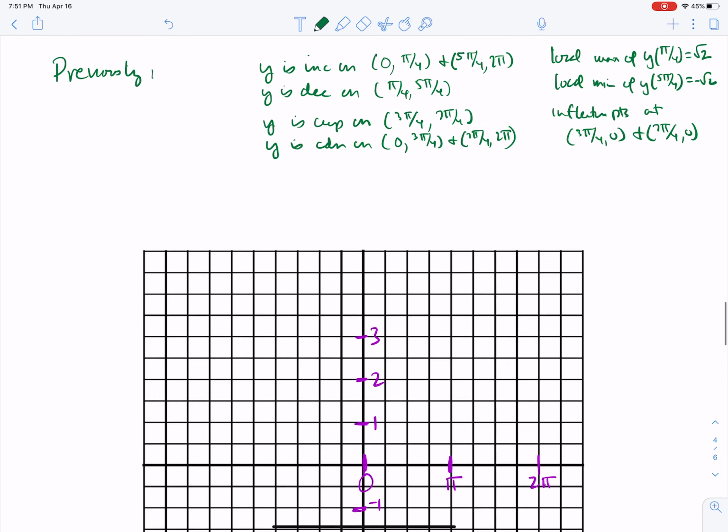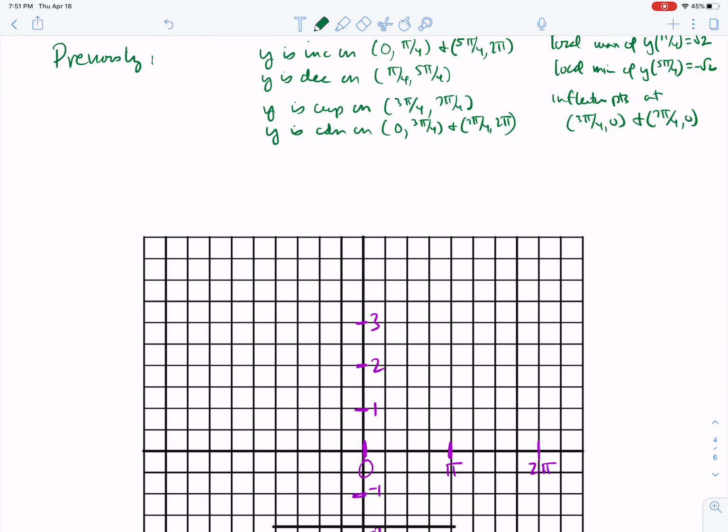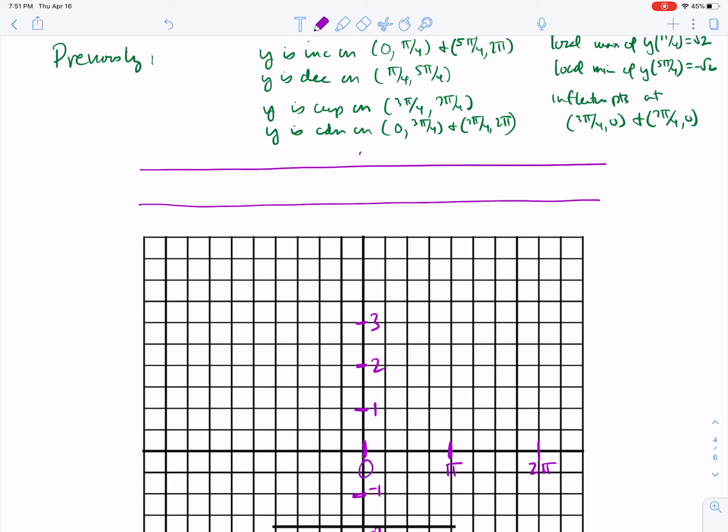So let me draw my lines here again. And this time we're only going between 0 and 2 pi. So the way I've got this marked off, every horizontal unit equals pi over 4.